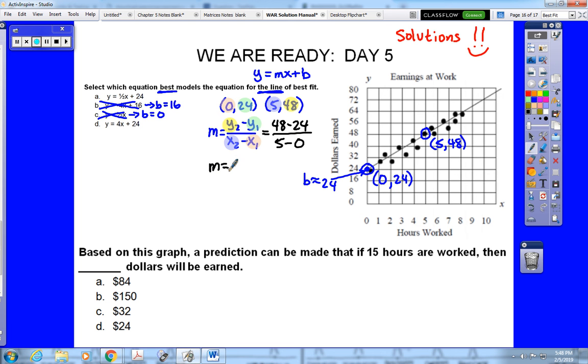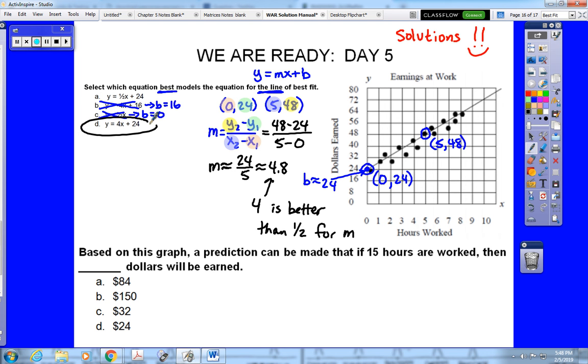So that is an approximate slope, so I really shouldn't be writing equals, of 24 over 5, which we can put into our calculator and get an approximate slope of 4.8. So if we look at that slope, 4 is a better answer than 1/2 for the slope. So we should select answer D for our line of fit.